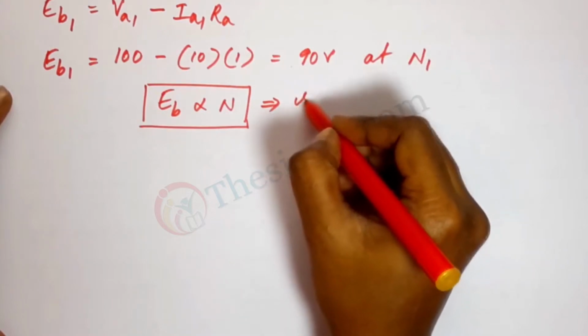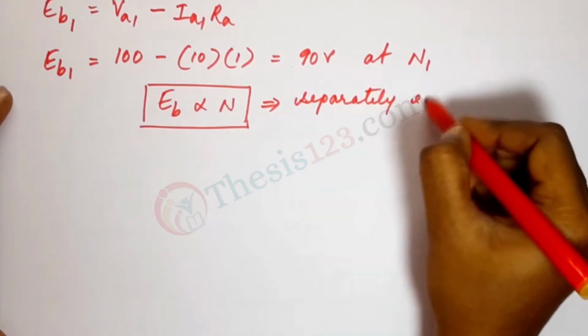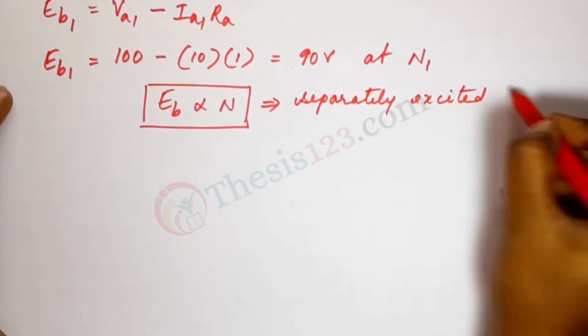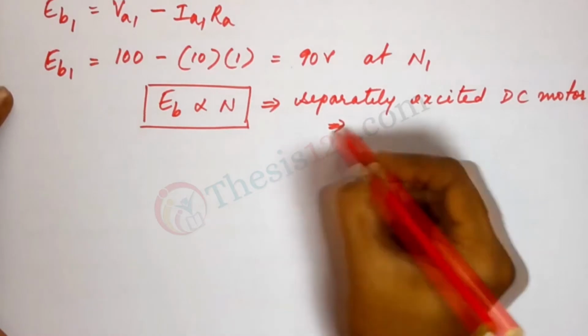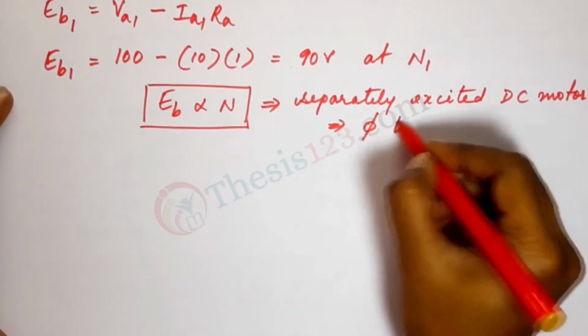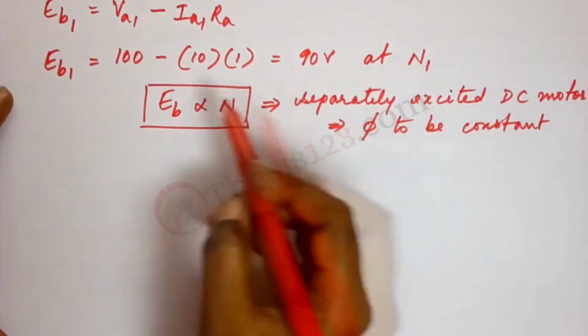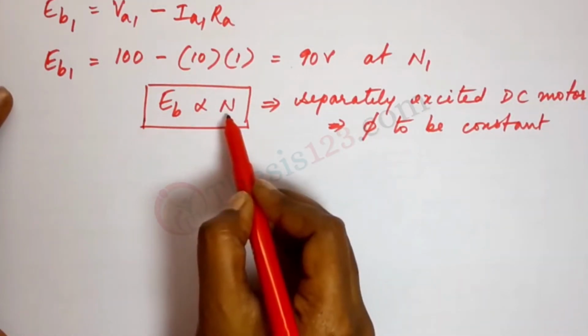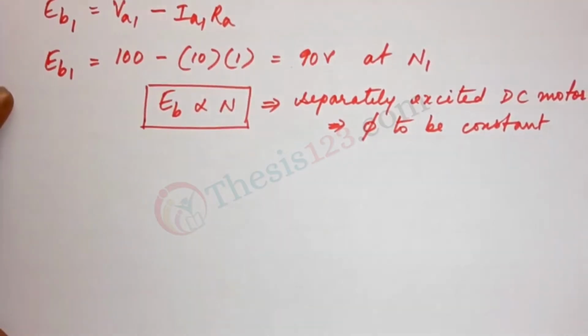So since it is a separately excited DC motor, we shall take the flux to be constant. So when the flux is constant, we have the back EMF which is proportional to the speed. Now using this, we can write down a proportional ratio.